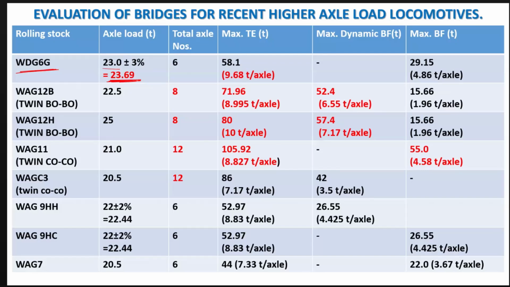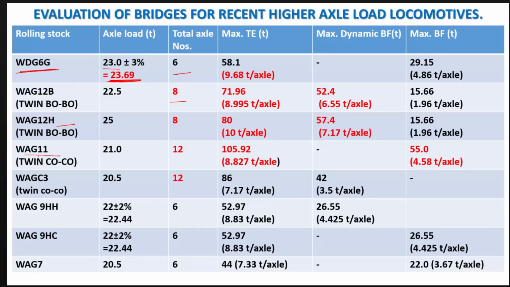So 23.69. WDG 12B is a twin Bo-Bo type, meaning 4 plus 4, 8 axle locomotive. WAG 12B, WAG 12H also came with Bo-Bo.